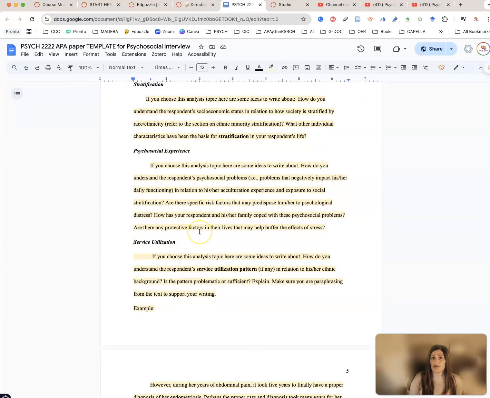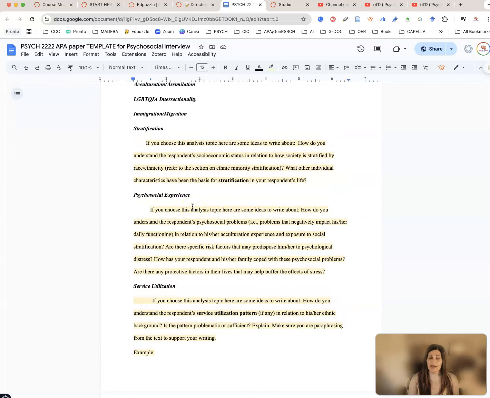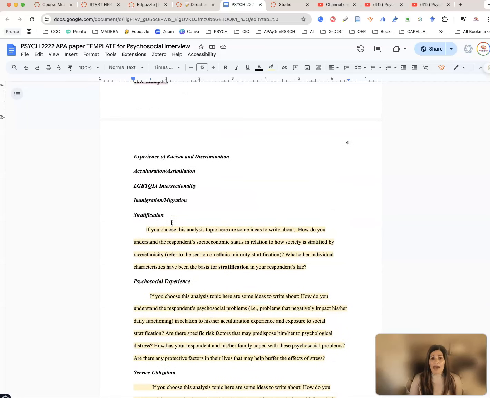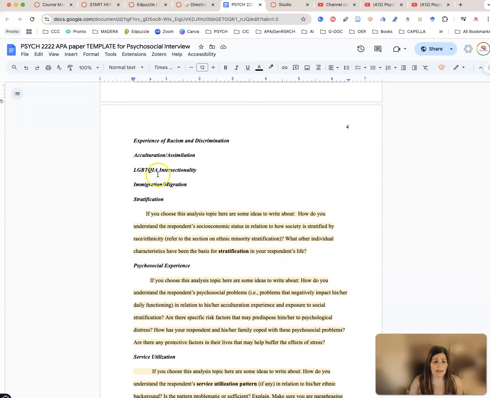Generally, those 2 peer-reviewed sources are going to be used in the 2 areas of analysis because they have to be about something and they need to be about your topics of analysis. Now, if you're like, oh, Professor Hunjan, I found this really great journal article about intersectionality and, I don't know, LGBTQIA+ experience, so it meets both, that's totally fine.